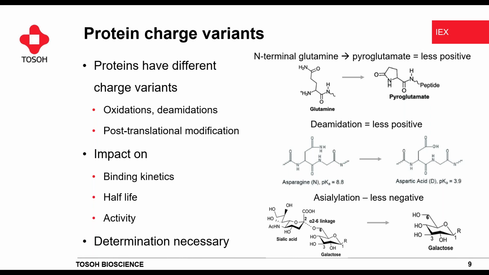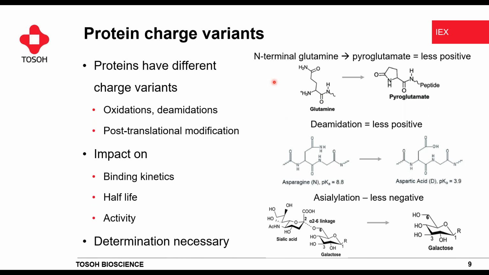They influence the protein half-life and also its activity, of course. So it's really important to determine your modifications and to be aware of them. Many of them might be caused by aging.